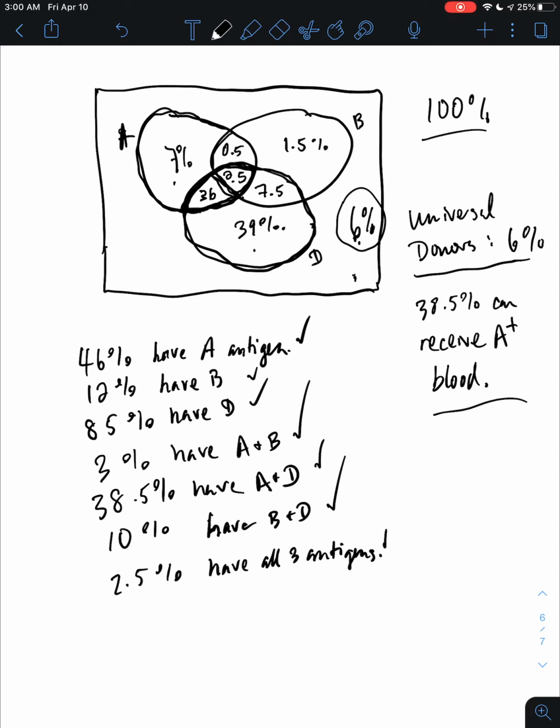So that would be 45%, 52%, 88%. Okay, so some interesting questions there.